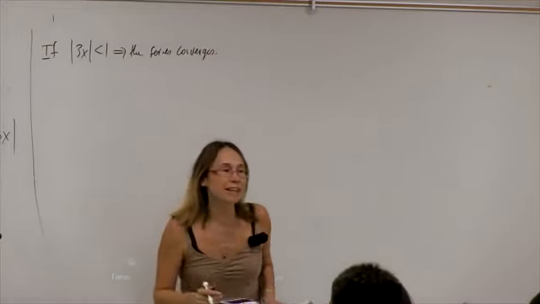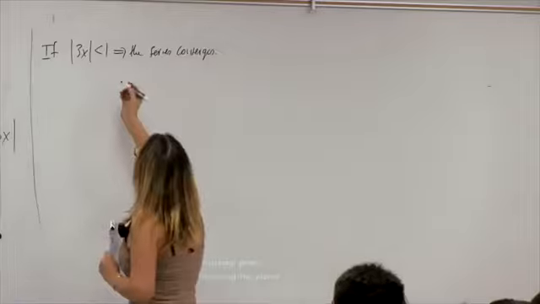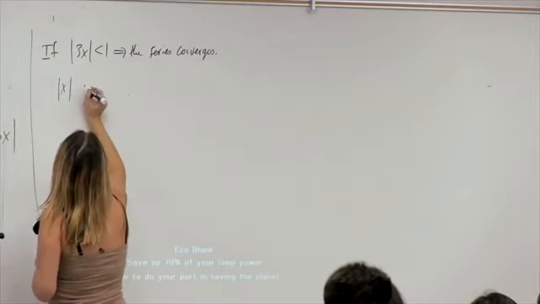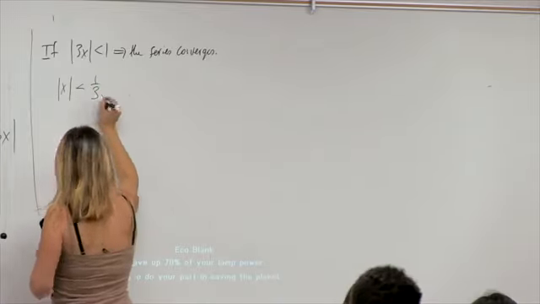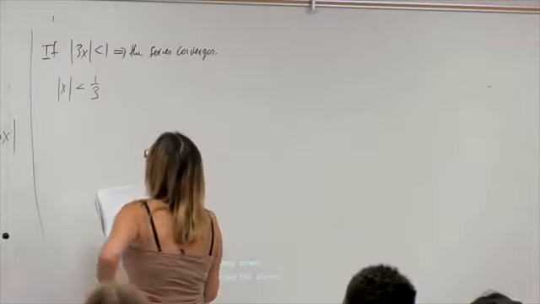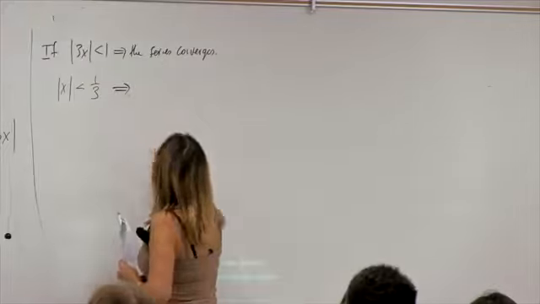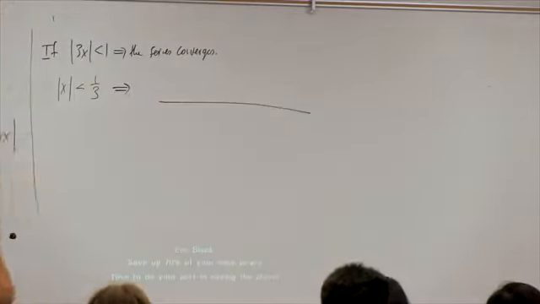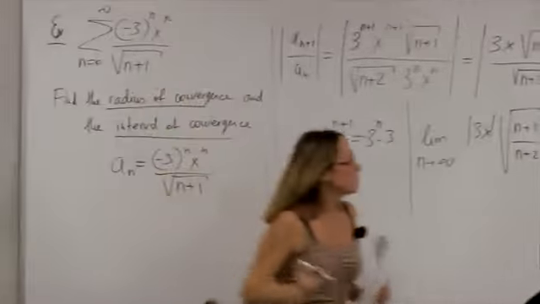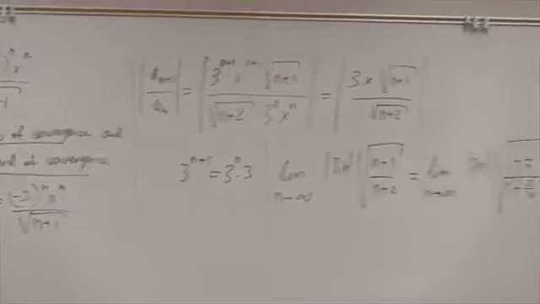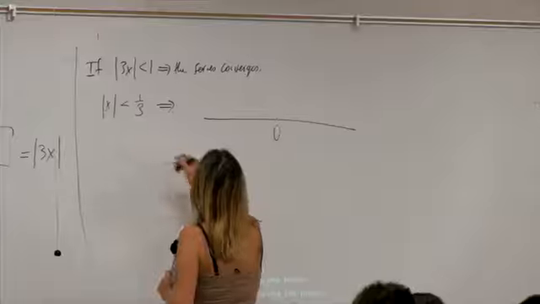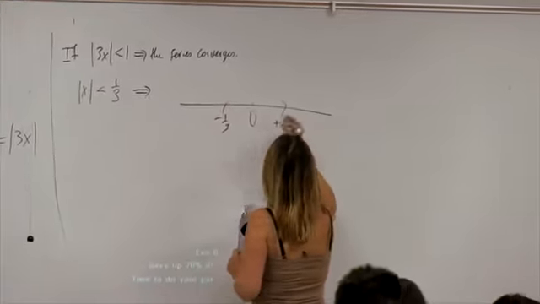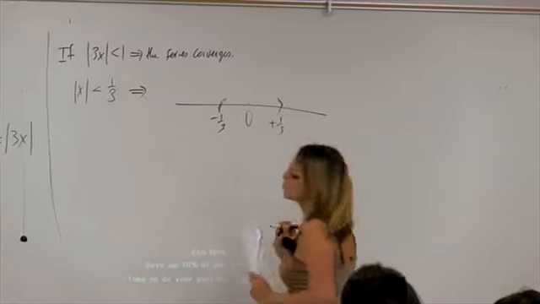I have to extract the information about the radius, so I'm going to divide by 3. The absolute value of x is less than 1/3. How can I rewrite this? I can just draw it. The center is at 0. If x is between minus 1/3 and plus 1/3, we have convergence.